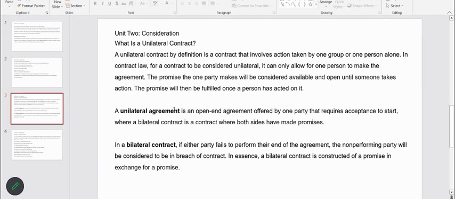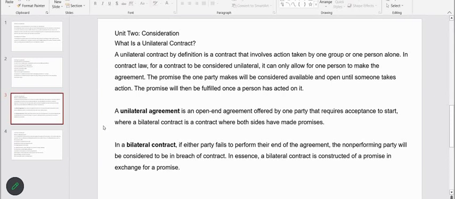So the promise the one party makes will be considered available and open until someone takes action. The promise will then be fulfilled once a person has acted on it. That means once the person signs the contract. That means you are the GM, you are the CEO of the company, you act on behalf of the company. You, one person, can decide to sign the contract.